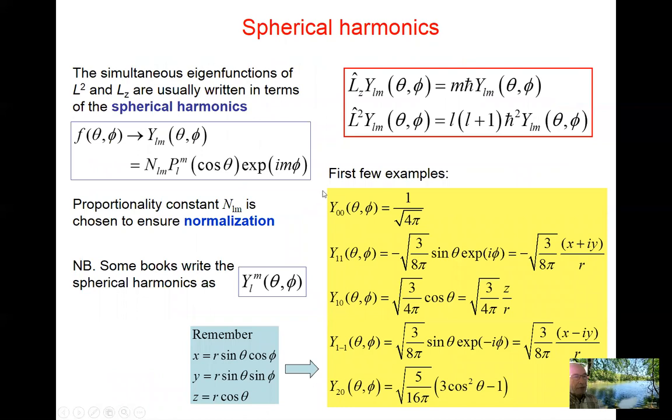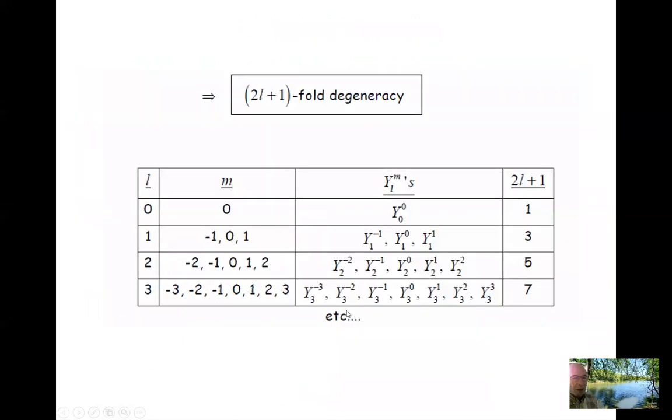And then we arrive at spherical harmonics. Spherical harmonics are normalized functions, which are eigenfunctions of L squared and Lz. They include Legendre polynomials multiplied by the exponent, which comes from the solution of L squared and Lz. Some of them have quite complex mathematical form.